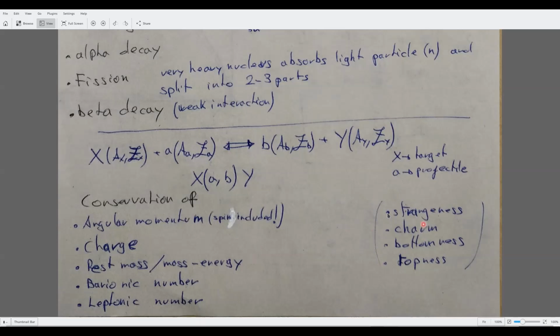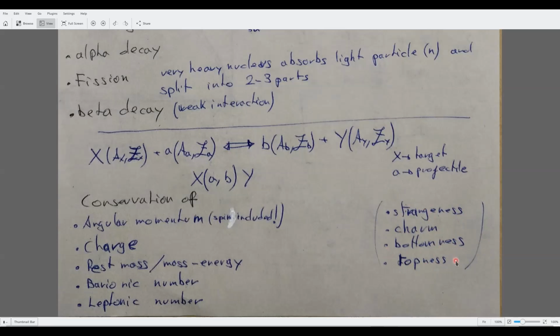I put them here just as a plus, they are marginal, but just to know: there is the strangeness number, the charm number, the bottomness number, the topness number. These are connected with the presence of several quarks: strange, charm, bottom, and top.